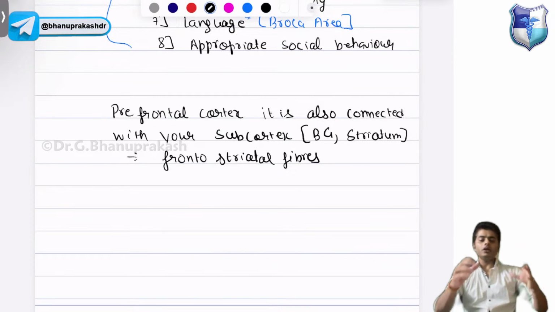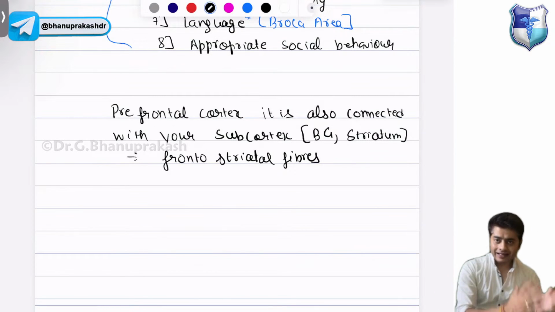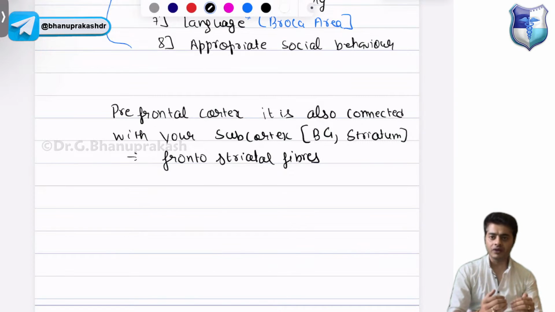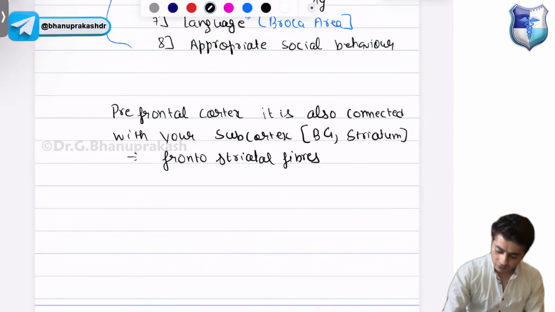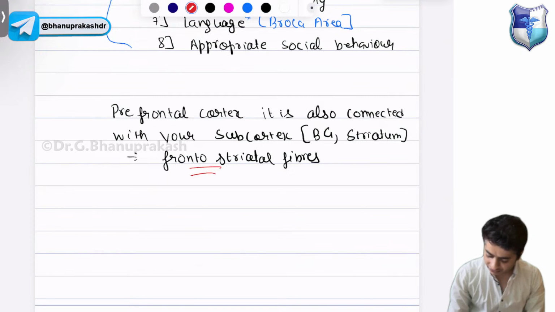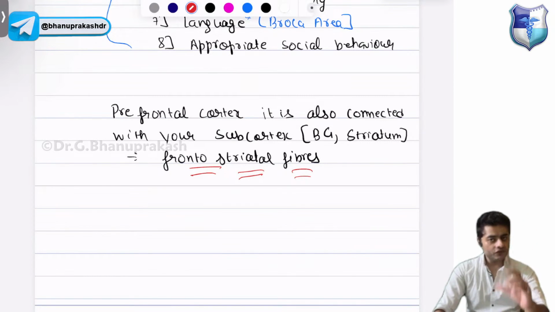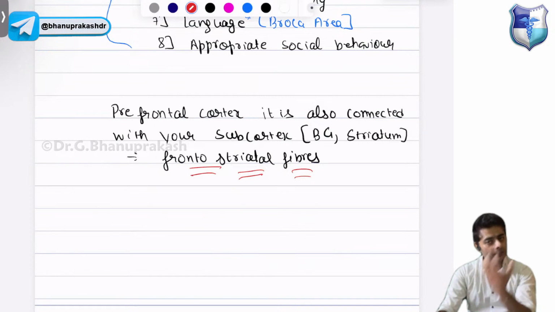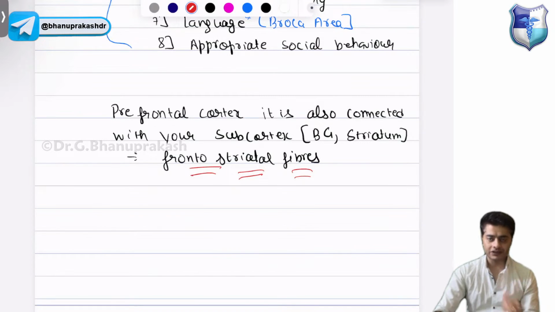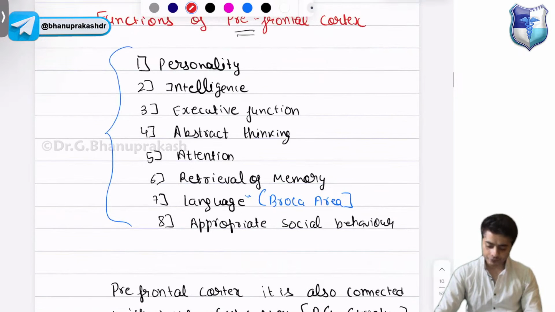Okay? So prefrontal cortex has some fibers and association with the basal ganglia, that is a subcortex also, with the help of frontostriatal fibers. So there are some fibers which are connecting your subcortex with the prefrontal cortex. This is one important thing you also have to remember.